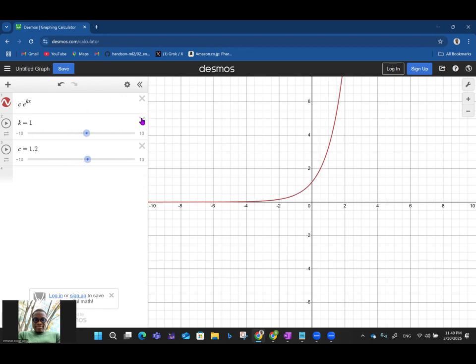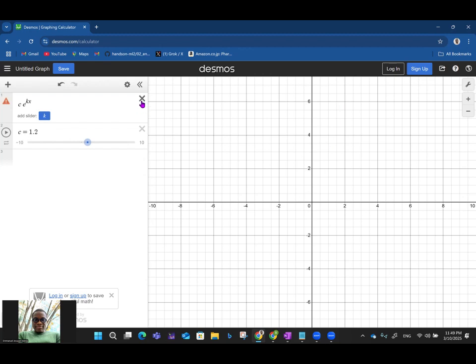But to visualize it better, let's pick different values for c and k randomly so we see what happens.